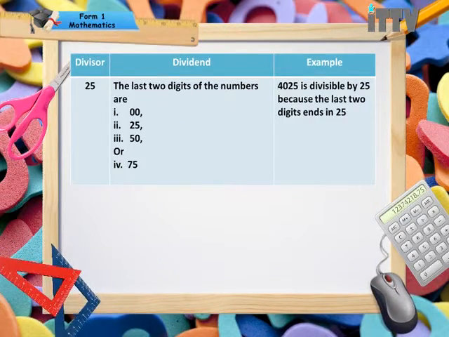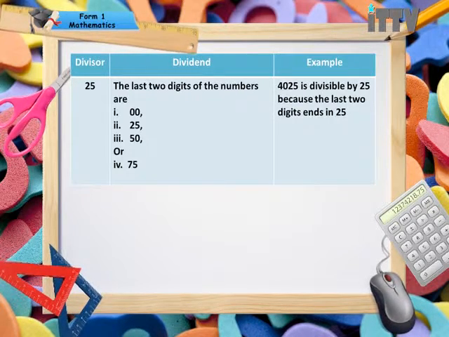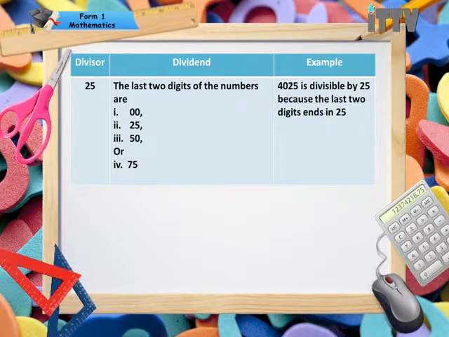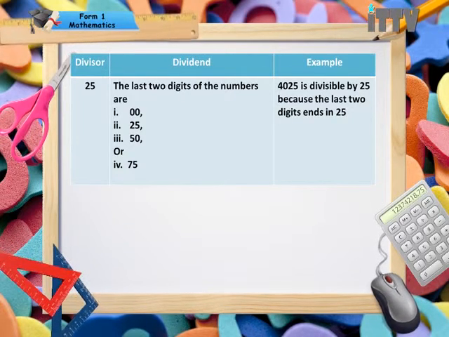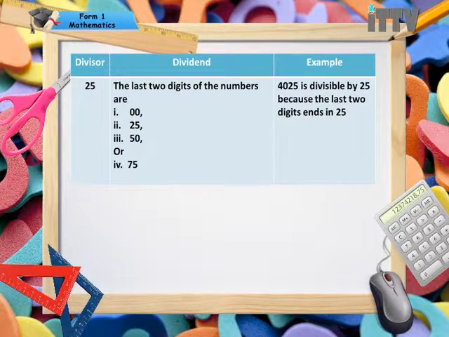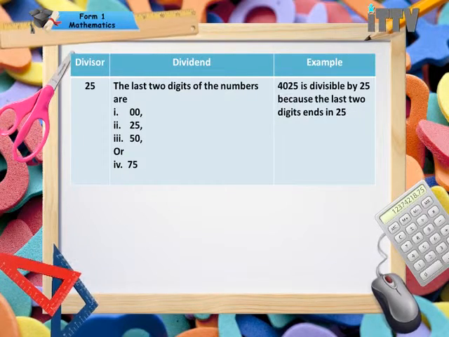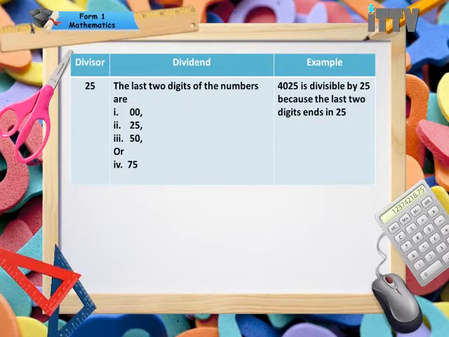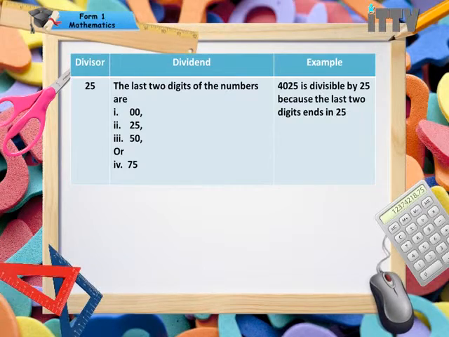Next, let's take a look at the divisor 25. The last two digits of the dividend are 00 or 25 or 50 or 75. Now, as an example, 4025 is divisible by 25 because the last two digits end in 25.